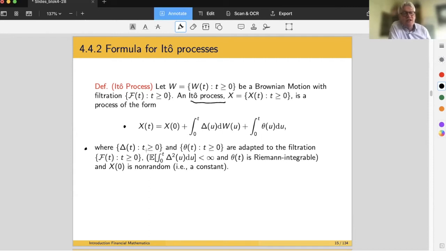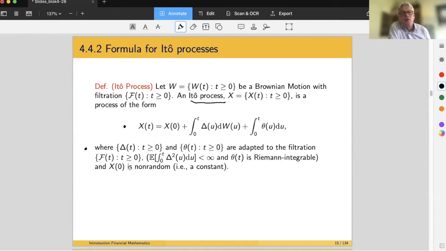Well, we need conditions for things to hold true. If we define the process on the basis of simple processes, again, one of the conditions is that the expected value of the integral from 0 to t of delta squared(u) du is finite. So that is one of the conditions, a finite variance. And the other one is that theta(t), the function theta(t), is Riemann integrable.